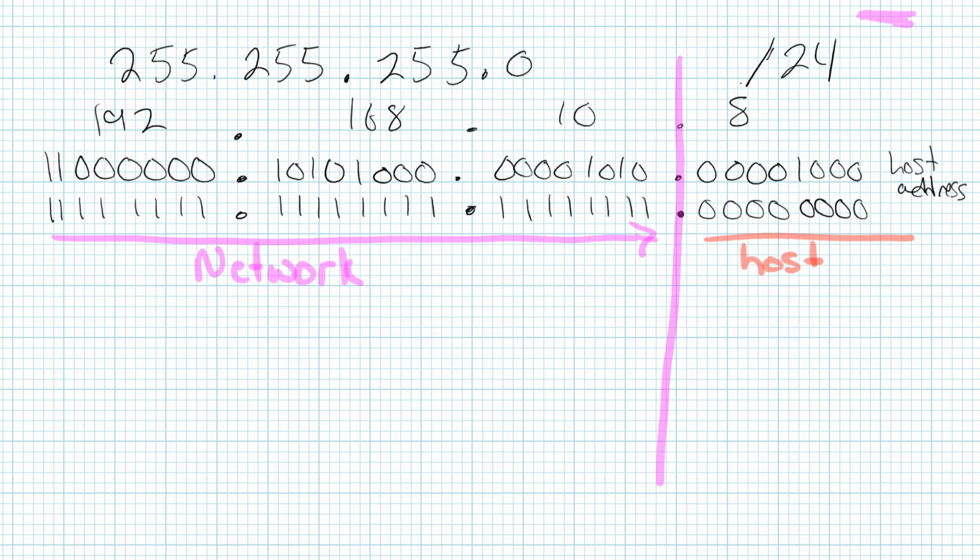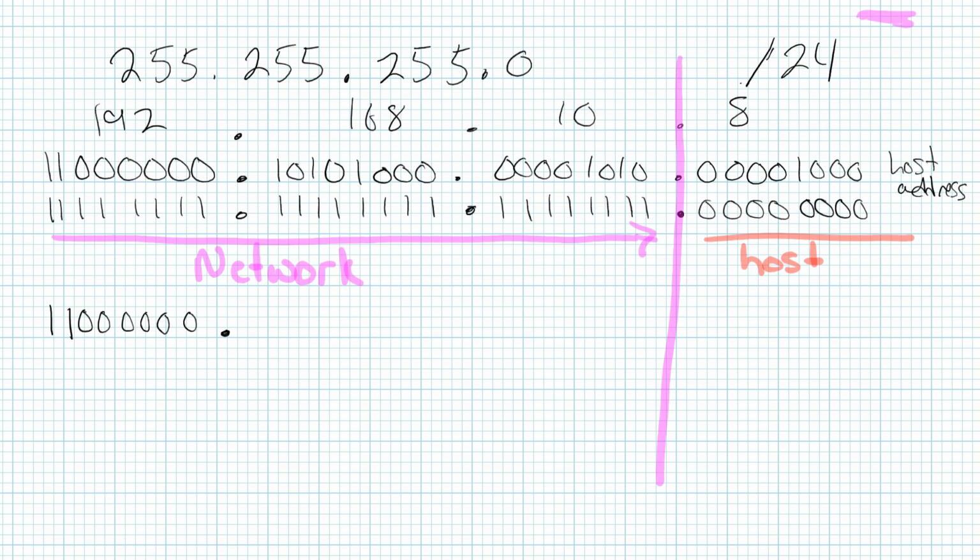So when we calculate using a subnet address, what we're going to do is a logical AND, which means if we have 1 and 1, we're going to get a 1. So 1 and 1 gives us 1, 1 and 1 gives us 1, 0 and 1 gives us 0, and so on for the remaining host bits, dot.